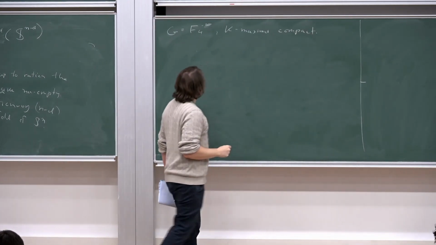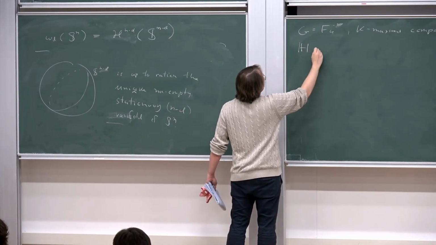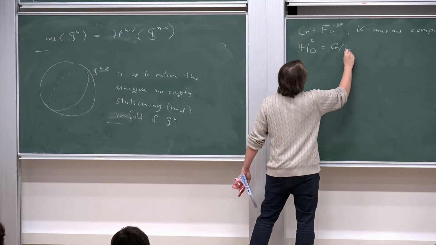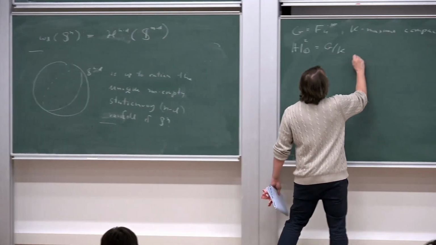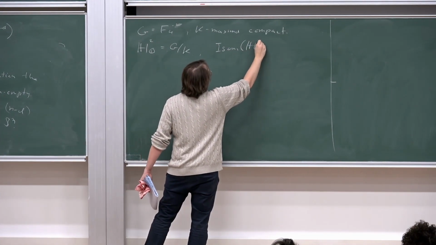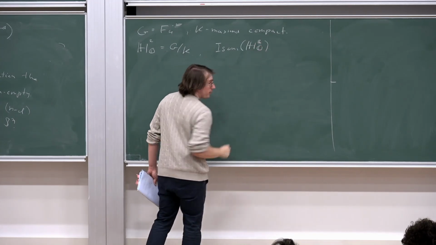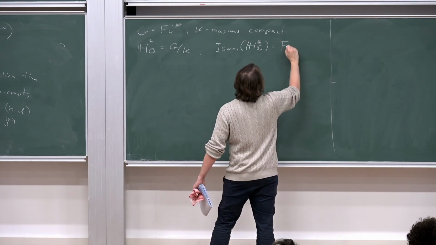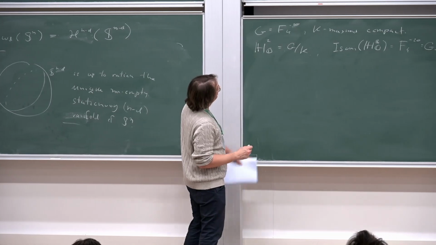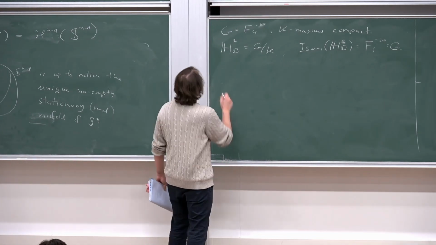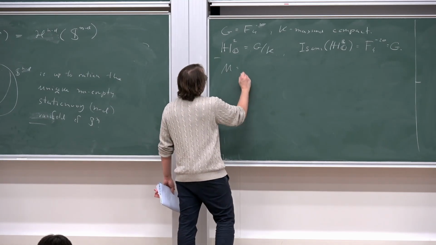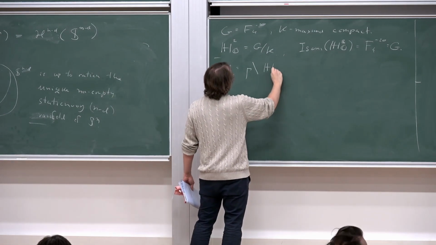We get the octonionic hyperbolic plane by taking the quotient of G by K. In this way, the isometry group of H^2_O is just our initial group G. And the manifolds that we're looking at are just quotients of H^2_O by lattices in G. So our manifold is of the form M = H^2_O mod Gamma.